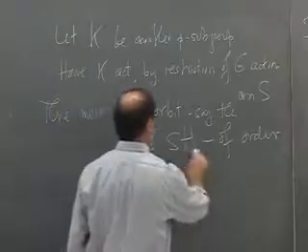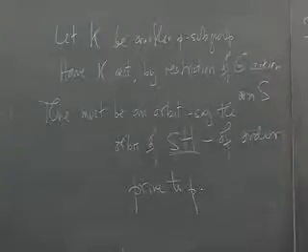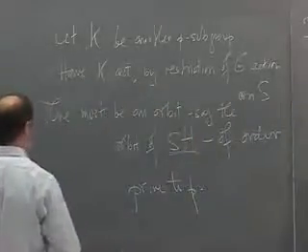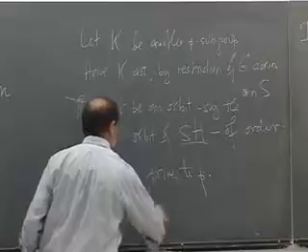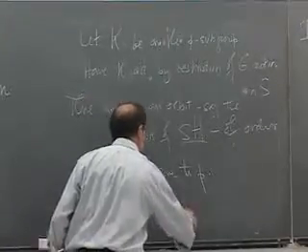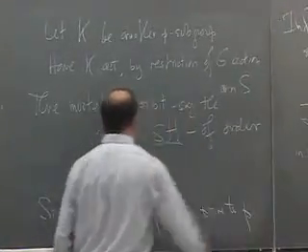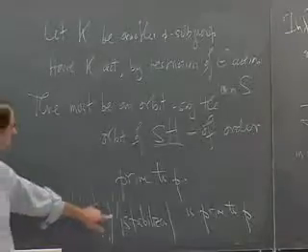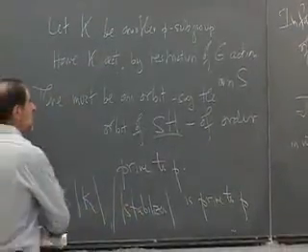So there must be an orbit of order prime to p, which means that the order of K divided by the order of the stabilizer is prime to p. The order of K is a power of p. So that means that the order of the stabilizer has to be equal to the order of K. So there must be an orbit fixed by K.